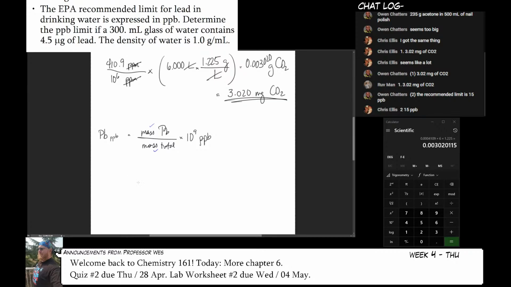So we can just plug these numbers in as we go. So what is the mass of lead? It's going to be this divided by, we need to turn this all into the same units. So what I'm going to do is I'm going to change this from micrograms to just regular grams.